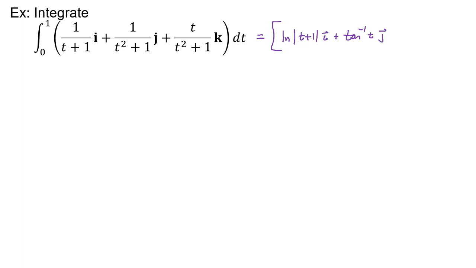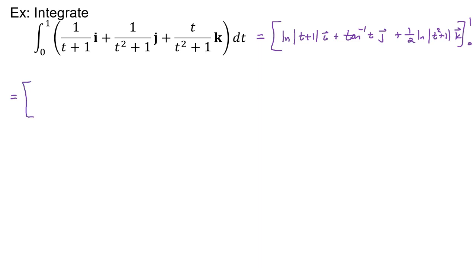The third one is also a natural log, but the derivative of the bottom is a 2t, so you have to put a 2 on top. That will end up pulling a 1/2 out in front of your natural log. So it's 2 natural logs and a tangent inverse. So hopefully you paid really close attention to all that stuff in Cal 2, and you know how to do all of that stuff and recognize that sort of thing.